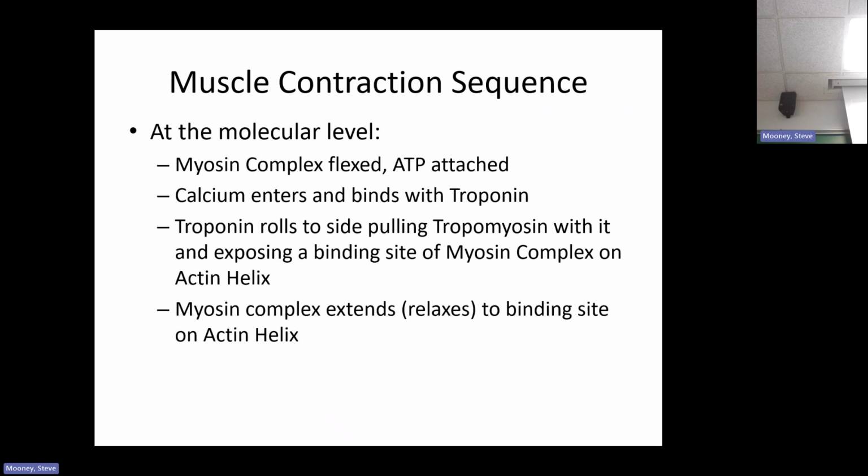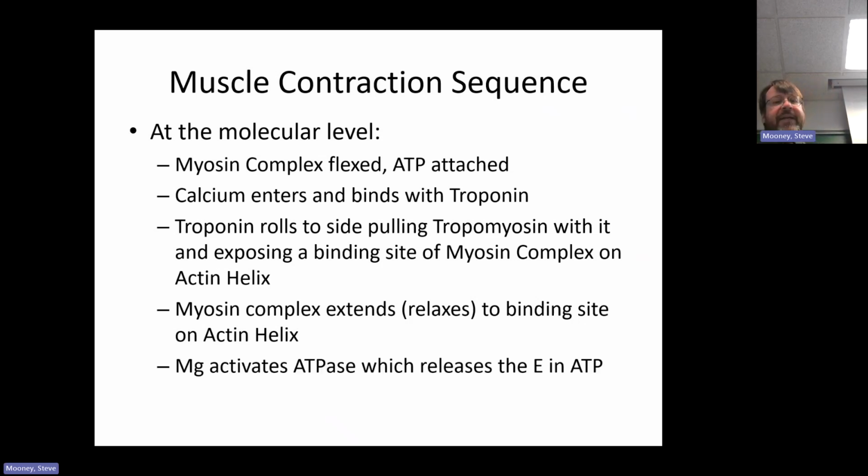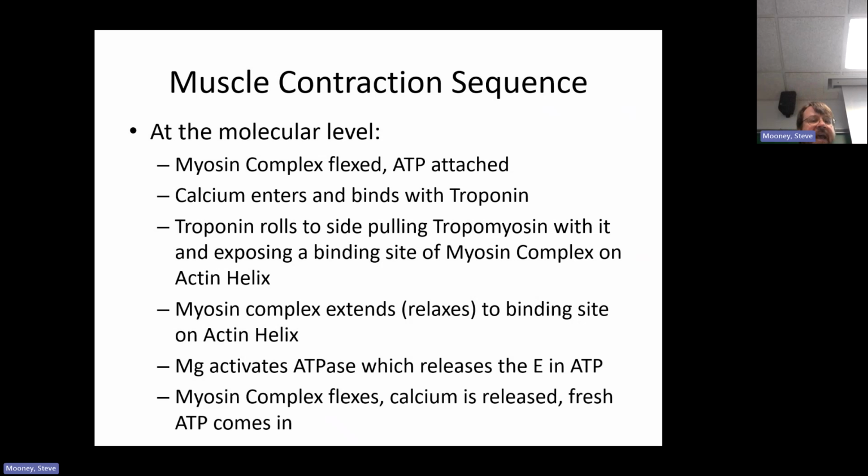You have the myosin head, and as it relaxes it's going to reach out to a binding site on that actin helix. Magnesium comes in and triggers the release of energy. Now the myosin head has energy to move, it flexes. Calcium is released and we start all over again.